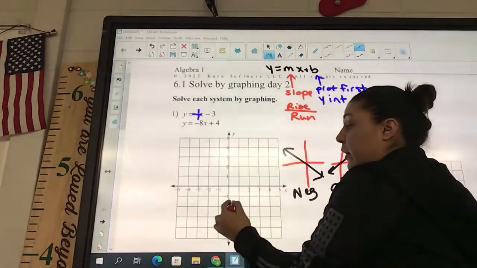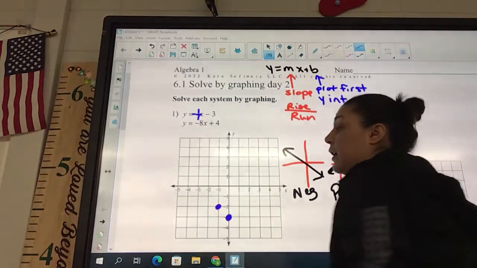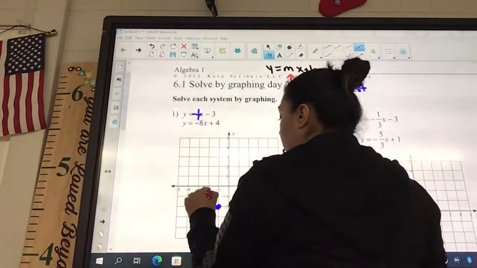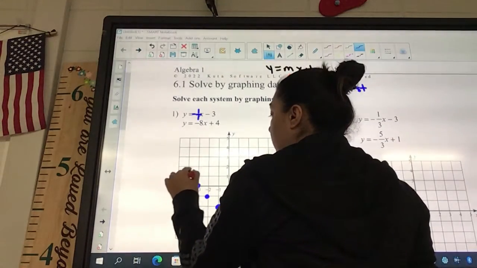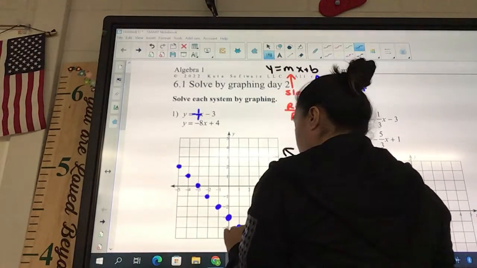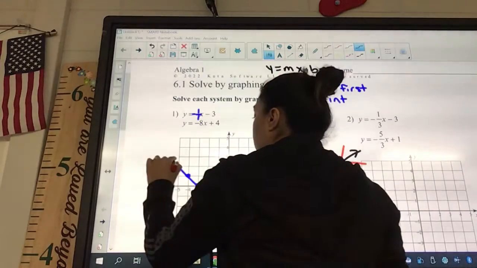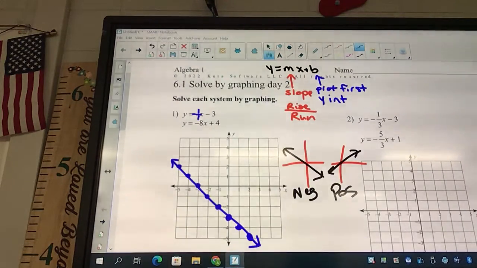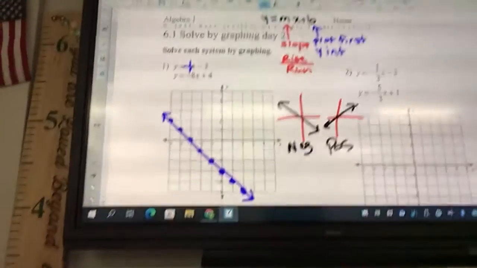So you're going to go up 1 and over 1. Now, on the first line, you have to plot every point. So you're going to have to go up 1 over 1, up 1 over 1, up 1 over 1. So we got our first line graphed there.